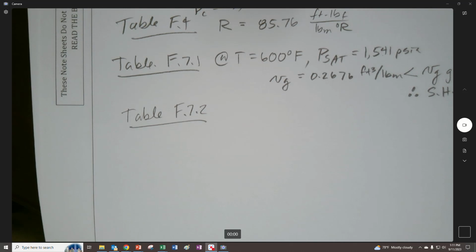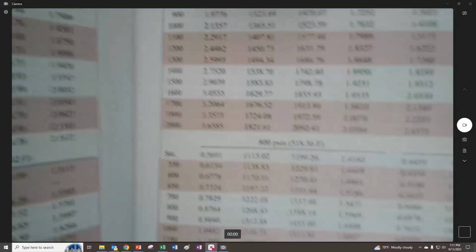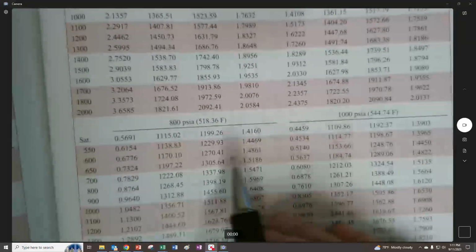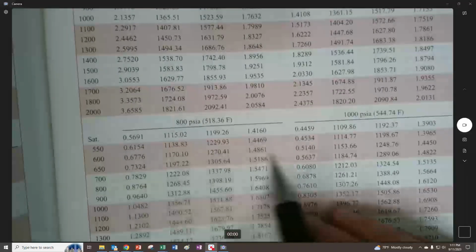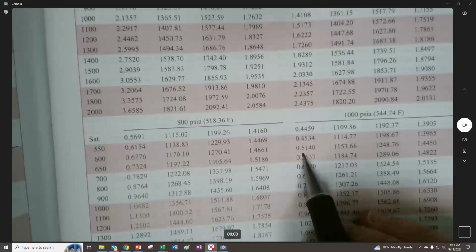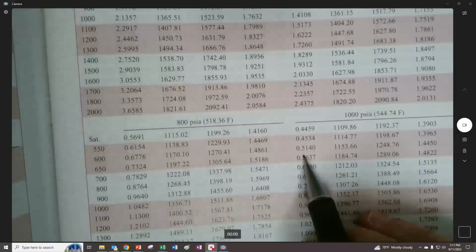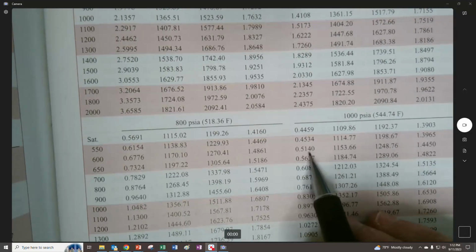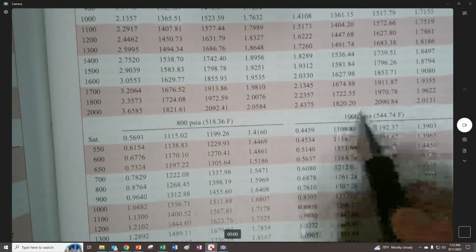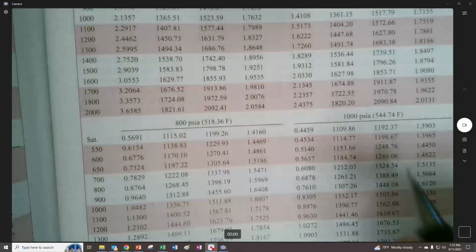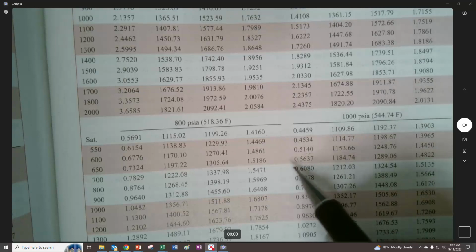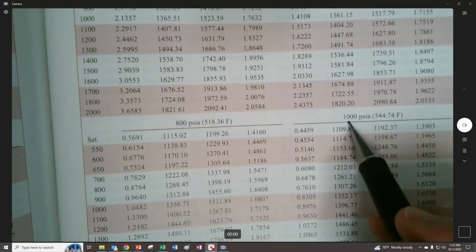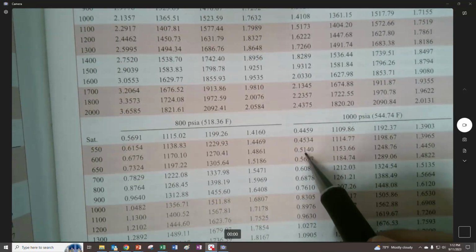But if you check at 1,000 and 600 degrees Fahrenheit, we'll see that we got 0.5140. That's exactly right, so we could just say 1,000. We don't even have to interpolate. We might have had to look at a bunch of other things and do some interpolation to find the pressure, but the pressure is 1,000 because it matches.